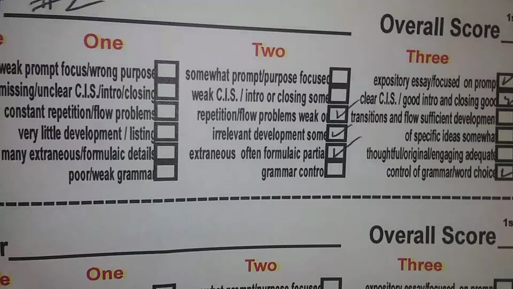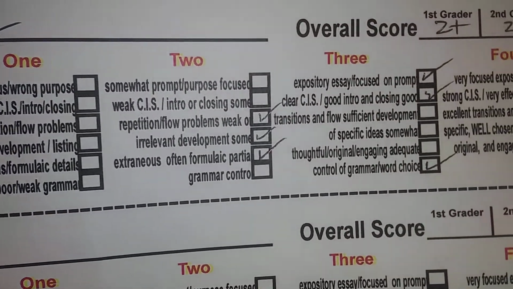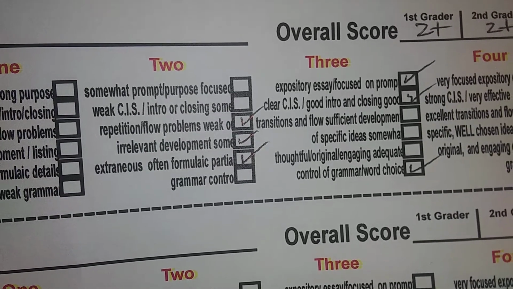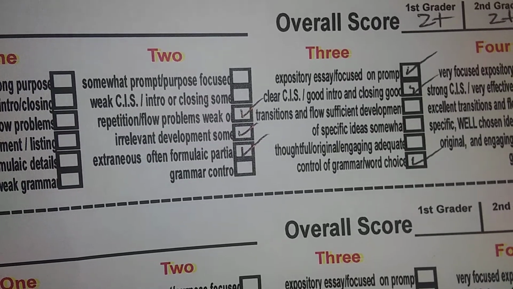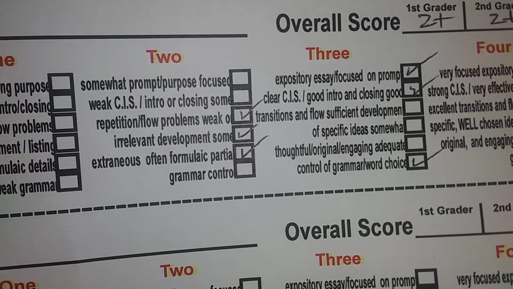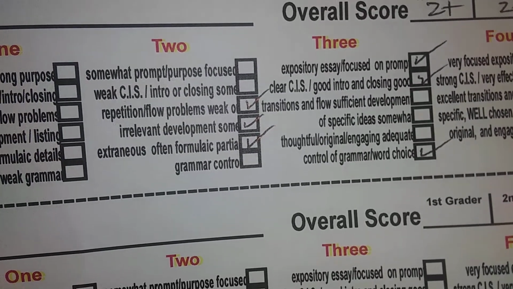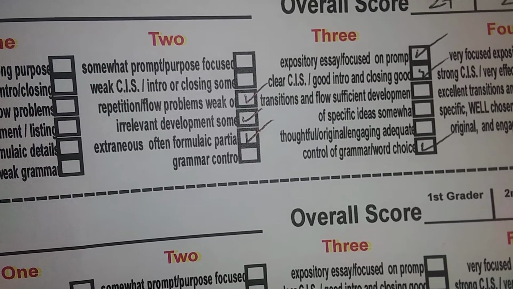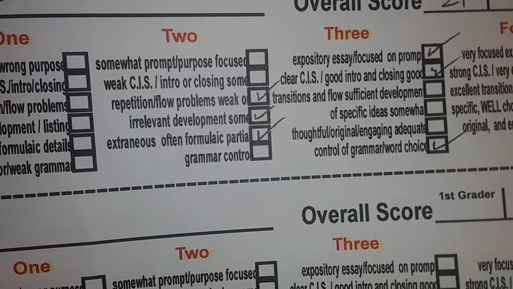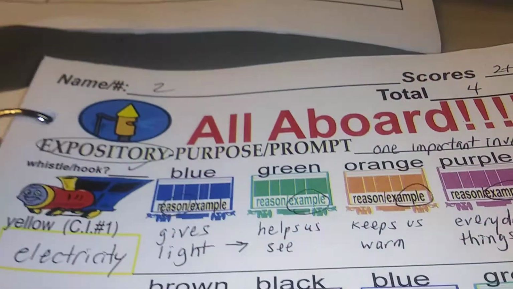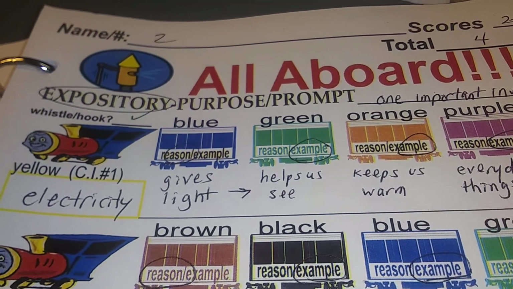So the next bullet says, I've got repetition, and the flow is kind of weak because they're whiplashing the reader from one idea to the next. Irrelevant development. That's because none of these details answer: How does it keep us warm?